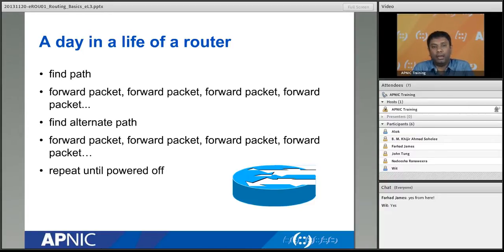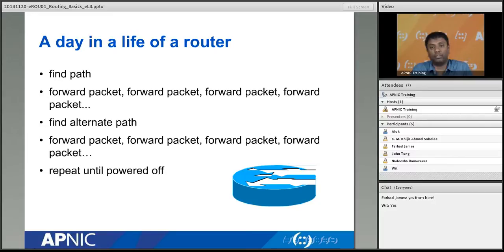Again, the router needs to find an alternate path, because at one point of time the network topology can change. It could be for some reason like a broken cable or a change in topology, based on some other factors. When the topology changes in the network, the router's job is to find the alternate path to forward the packet across, and then afterward keep forwarding the packet.